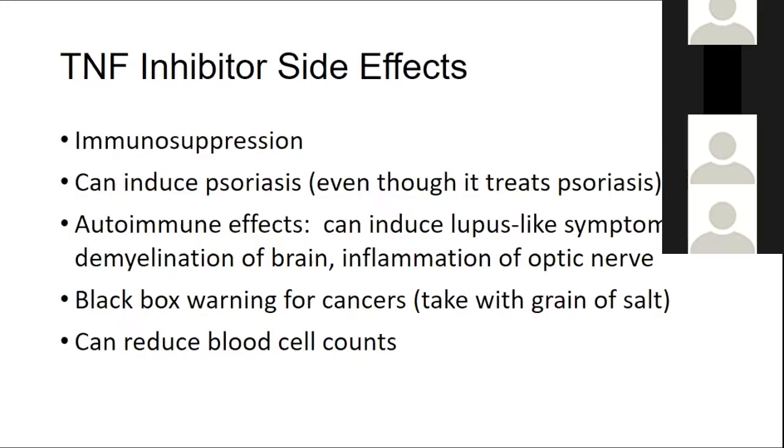There is a black box warning on TNF inhibitors when you read the labeling of the medication that says that patients who have taken this medication have been found to develop cancer, but it's really not a clear cause and effect. So in rheumatology, we tend to take this warning with a grain of salt, and your rheumatologist could explain why in more detail.